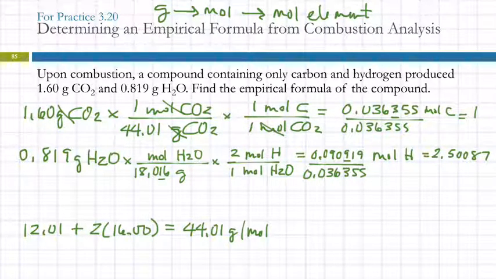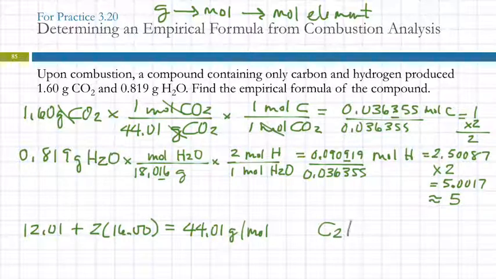What do I do with that? 2.5. I need to multiply by 2. If I multiply this by 2, I'm going to get 5 something, right? 5.0017. Okay, so I can call that 5. If I multiply this one by 2, I have to multiply the other one by 2. And 1 times 2 is 2. So I'm going to get C2H5.